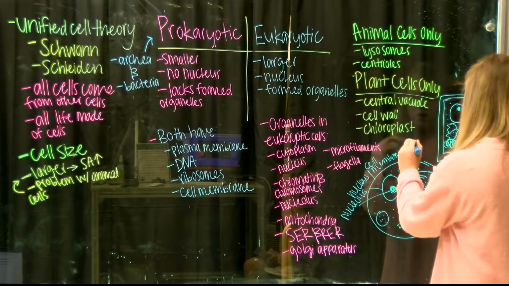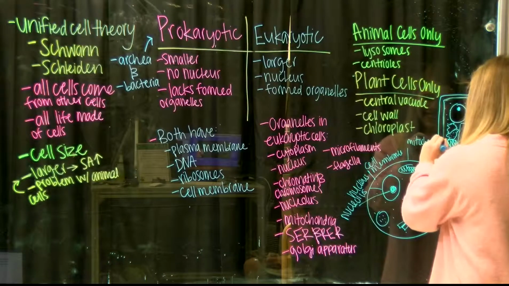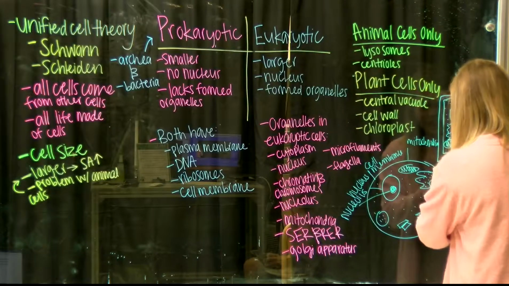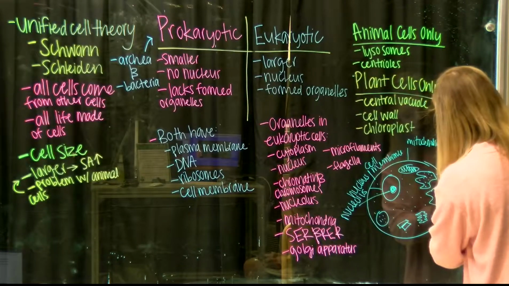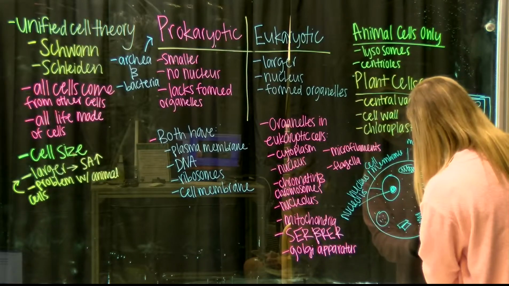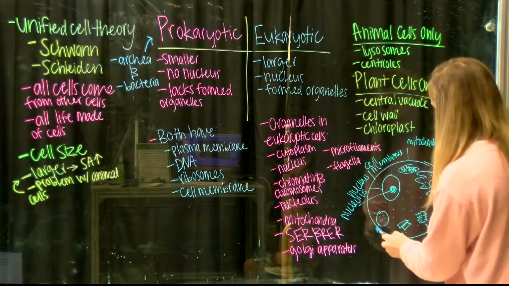The mitochondria. The rough endoplasmic reticulum. The smooth endoplasmic reticulum. The Golgi apparatus. And then the centrioles. And then the lysosome.